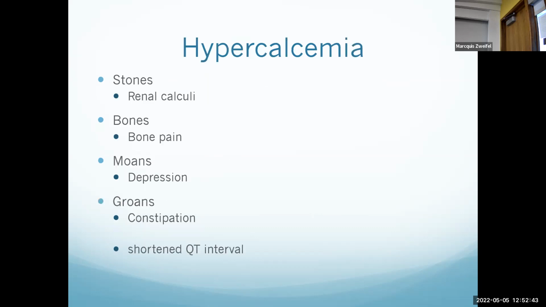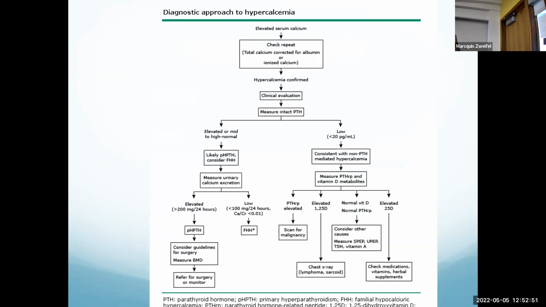Pancreatitis. Okay. So you all know this: stones, bones, moans, groans, and effects on your EKG. I really like this approach to hypercalcemia. It is from UpToDate, but the idea is that you want to check and repeat to confirm it. You do your clinical evaluation, and then you check your PTH.